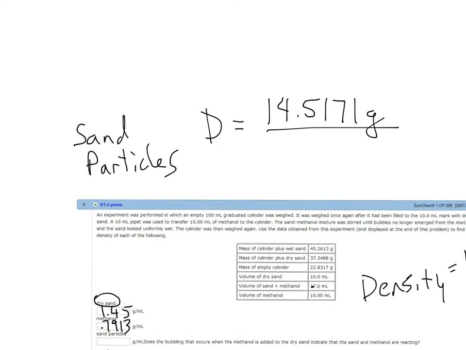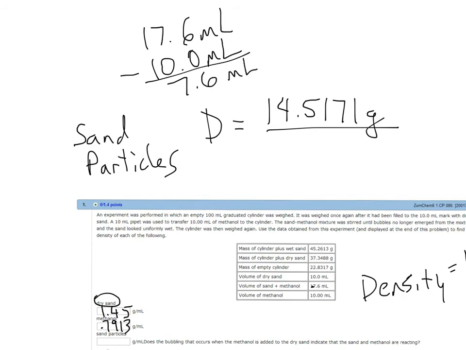If you subtract those two numbers from each other, you'll get the volume of the sand particles themselves. So 17.6 minus 10.0 gives you 7.6 milliliters. That's the volume of the sand particles themselves.